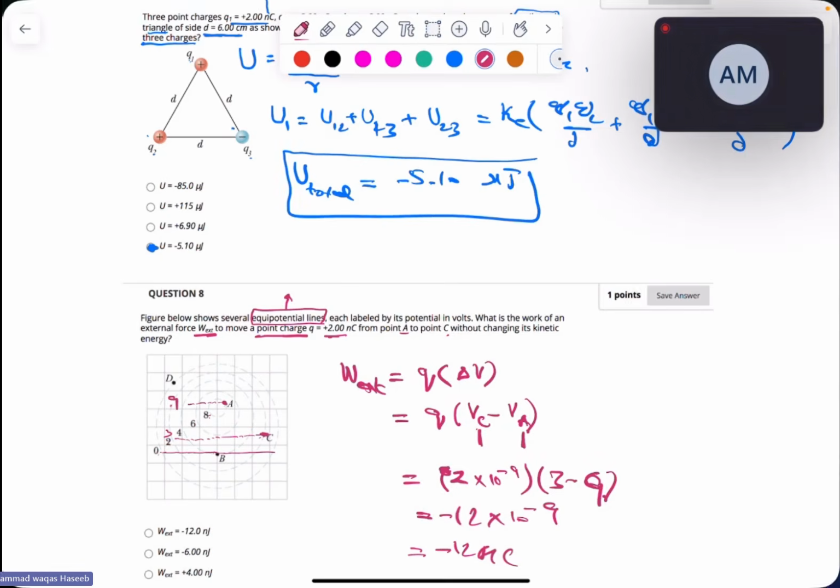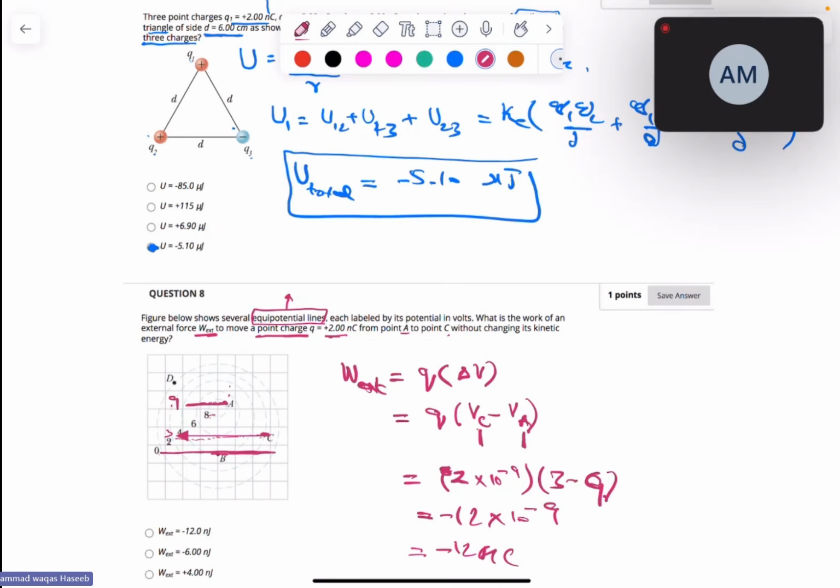So if you see this, this is the starting point. The potential is 0. The point C lies between 2 and 4, so it's 3. And similarly, 8 is there and you increase the potential, over here it is between 8 and 10.